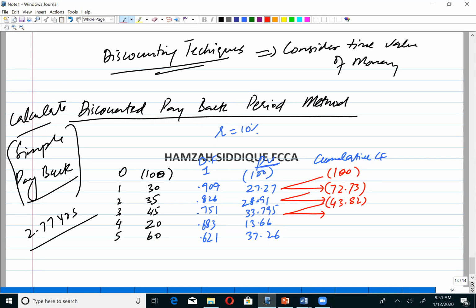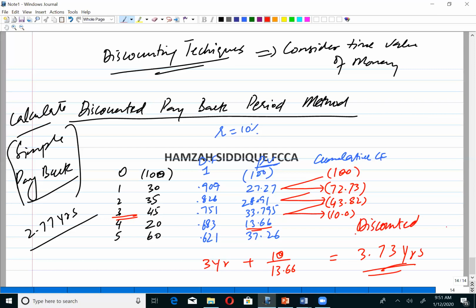So you see here 3 years complete and part of year 4: 10 divided by 13.66. So what is the answer? It is 3.73 years.